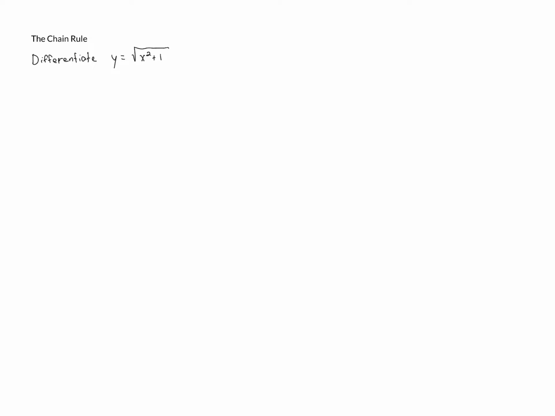So this, what we have right here, is a composition of functions. And there's a rule called the chain rule that we're going to be able to use when we're dealing with a composition of functions.